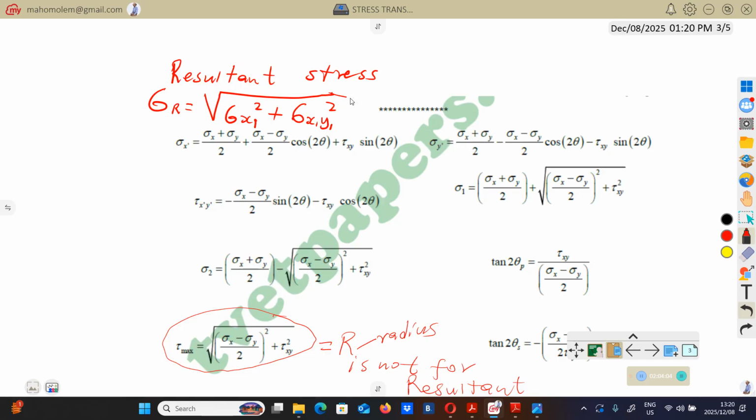I will explain this one more in the next lesson, but don't confuse these two formulas.